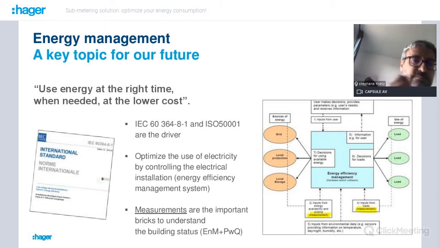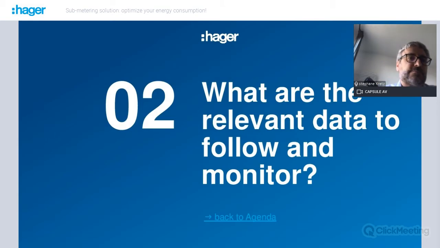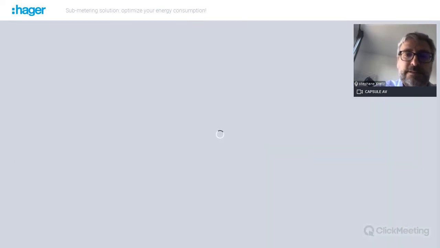So I said it before, there are two things: energy management and power quality. Here I will focus on energy management. Now that we said we will focus on energy, what are the relevant data to follow and monitor?